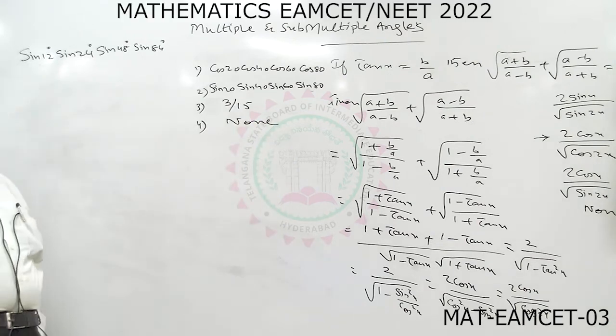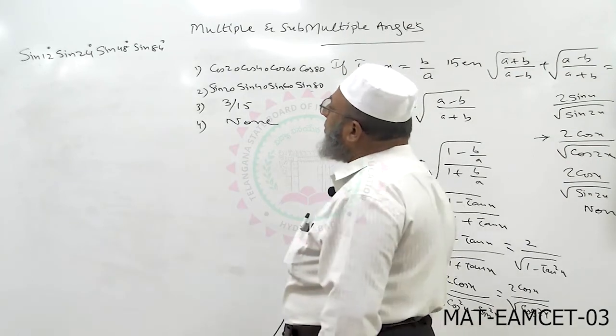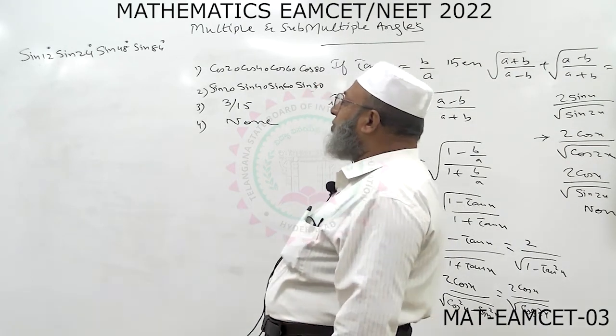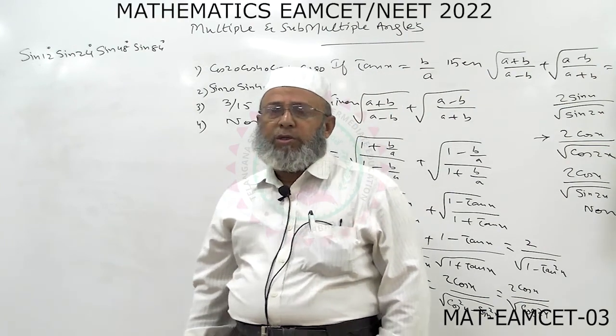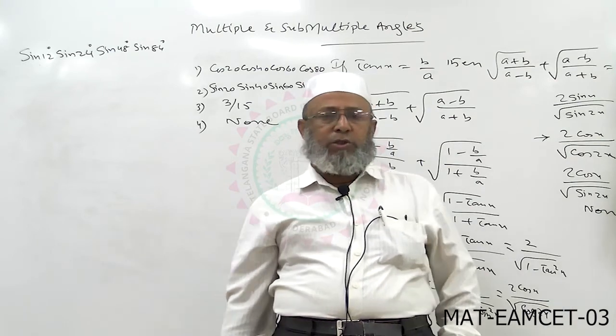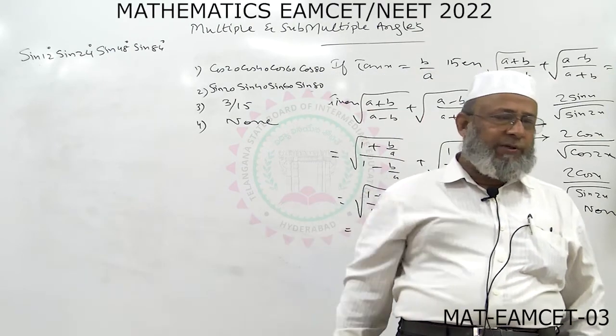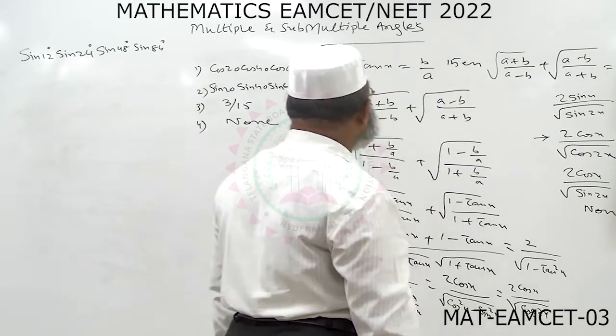So, by seeing the question itself, what is the problem? Sin 12, sin 24, sin 48, sin 84. You must get the shortcut formula in your mind. So, just now in the beginning of the class, I have given two formulas. What is the first formula?